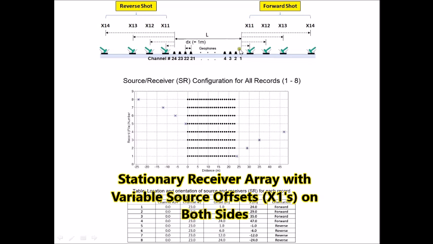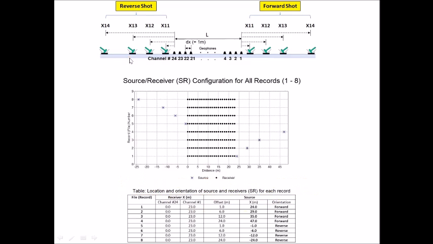And there were a total of 4 different source offsets used on this side, which is a forward shot because this is the channel number 1 location. And then another 4 different source offsets were assumed on the other side, which is the reverse side of the receiver array. So a total of 8 field records were generated.